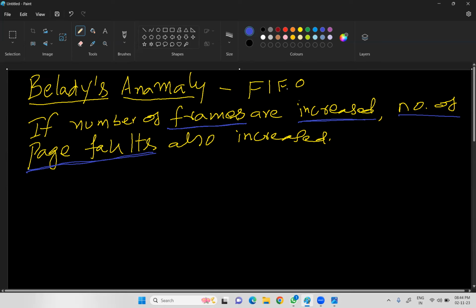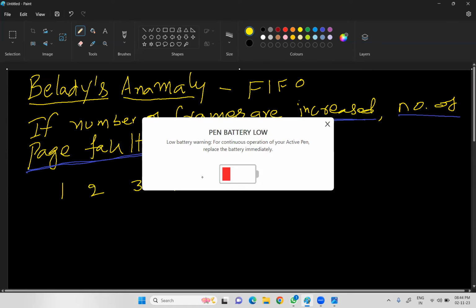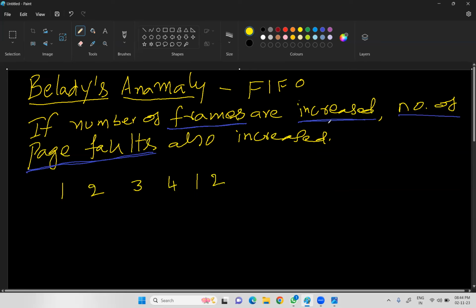For example, if you take one particular set of values, this is the reference string that I have: 1, 2, 3, 4, 1, 2, 5, 1, 2, 3, 4, 5. Totally, the pages used by this process are 1 to 5.